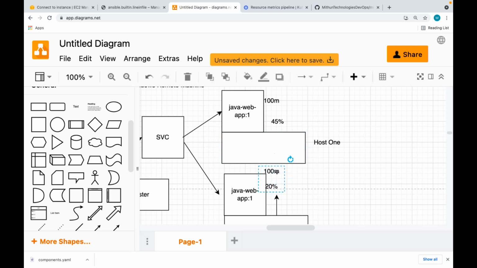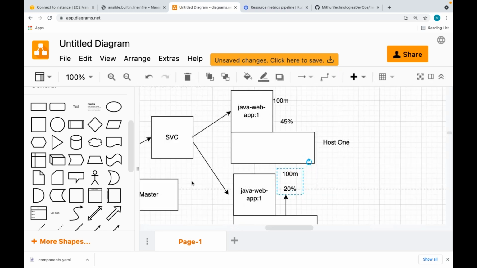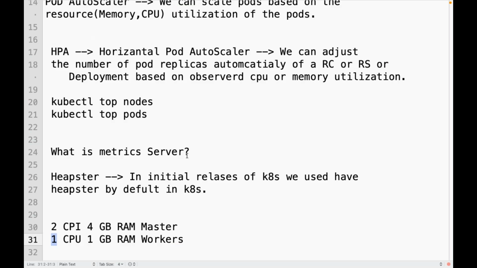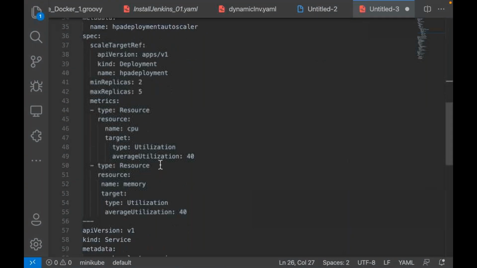Now if I have an HPA, is it going to scale a third pod? Suppose currently there are two replicas. One pod has reached 45%, another pod is just 20%. Am I going to get a third pod as per this?